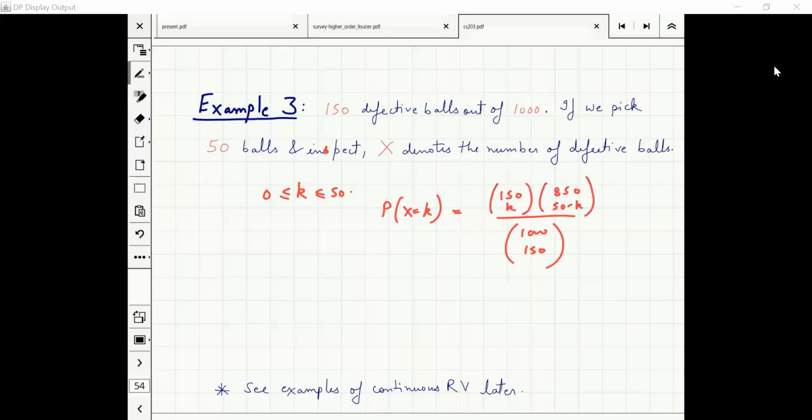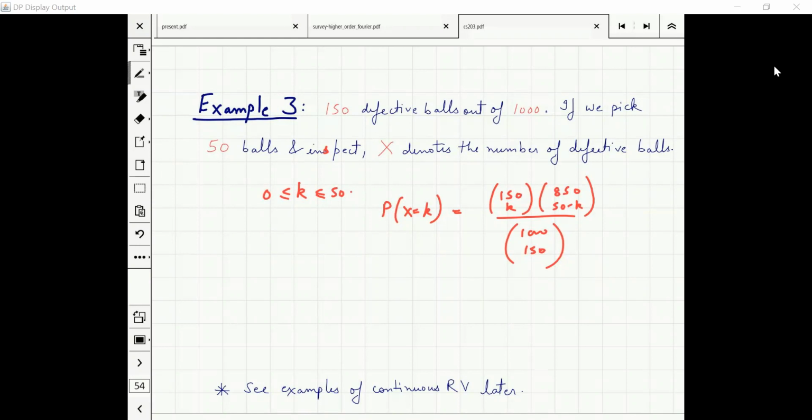These examples are simple. I think all of these are the kind of things which you have calculated before. We are just putting them in this new framework. And you will see why random variables are important throughout this course, because we are going to add them, subtract them, multiply them, do many of the operations, right?